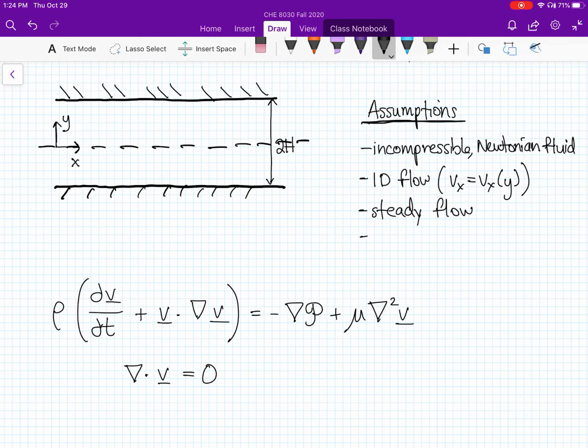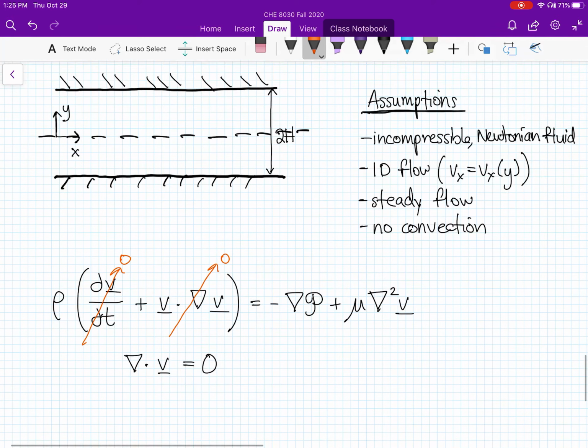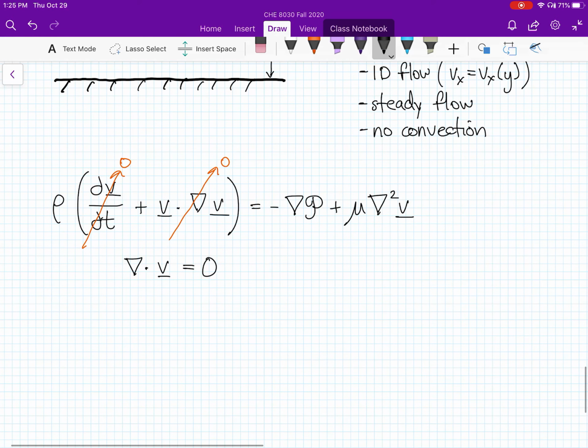We'll also go ahead and make the assumption there is no convection, so steady flow. That term goes away, no convection. The second term on the left-hand side goes away. So what we are left with is the following equation.